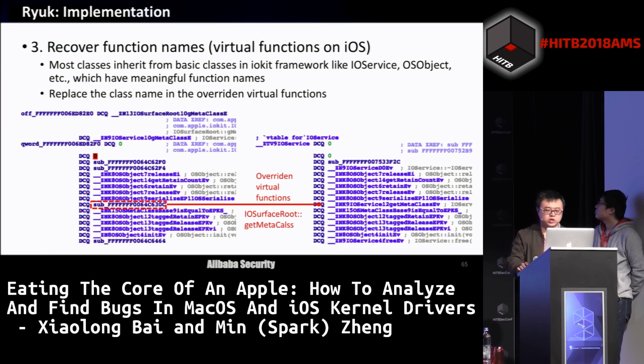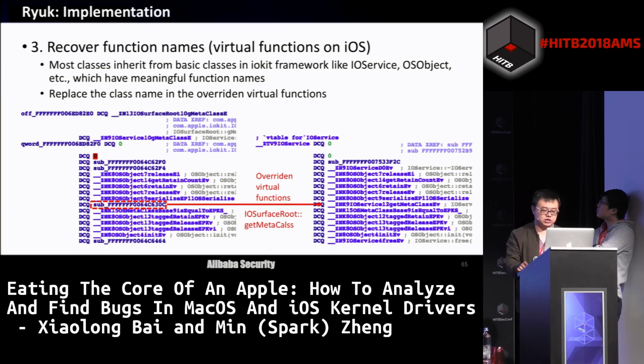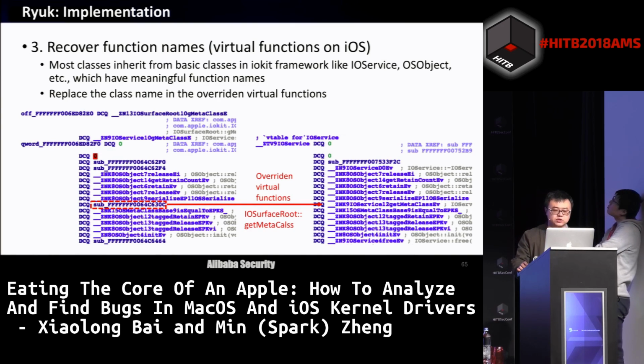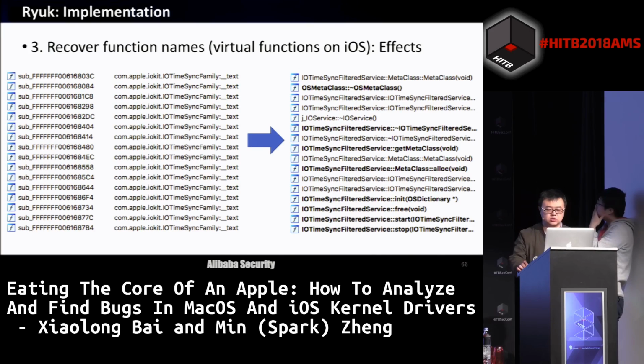For example, on the left side, we know that this IOSurfaceRoot class is inherited from the IOService class, and we know that it overrides a virtual function called IOService getMetaClass. So we know that this unnamed function on the left-hand side should be IOSurfaceRoot getMetaClass. In this way, we recover many names for the functions.